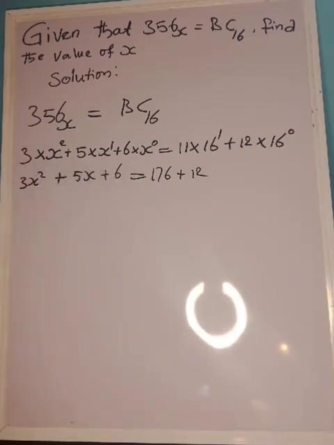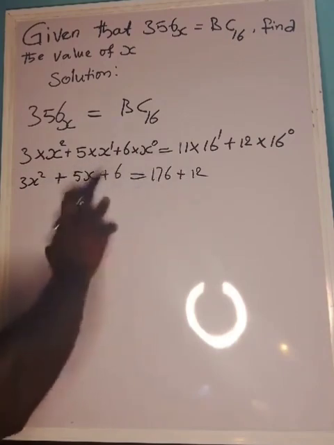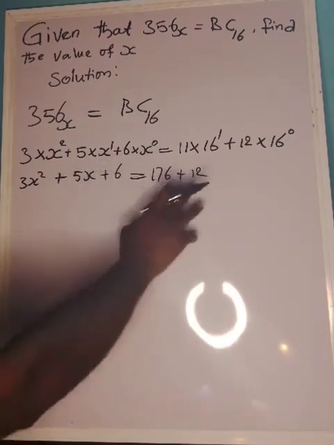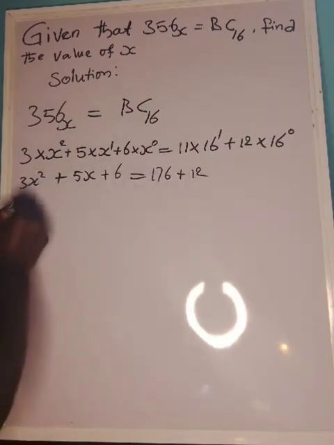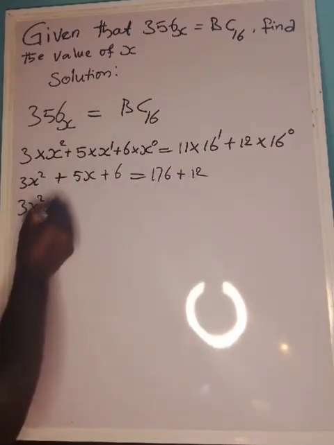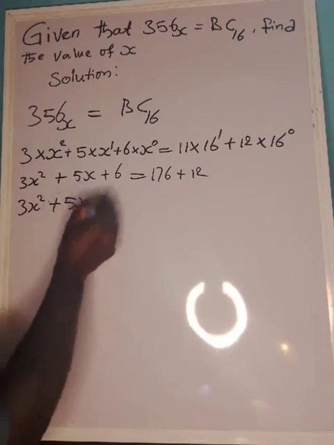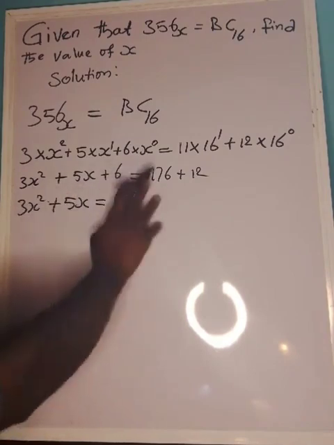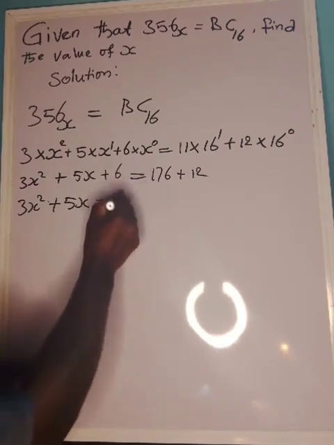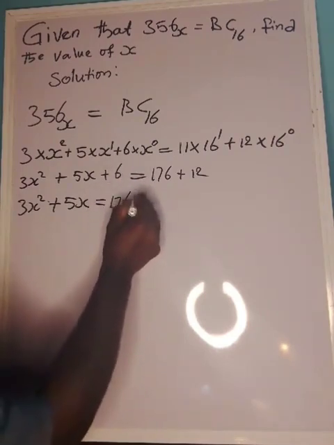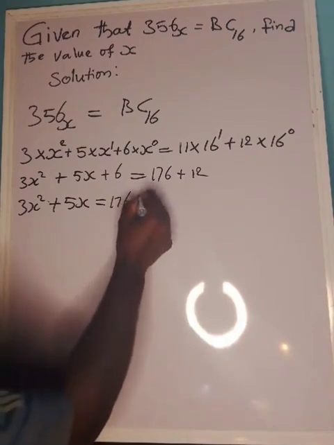So they are going to be on the left-hand side, while the constant terms, the ones without any unknown, will be on the right-hand side. So we have 3x squared plus 5x equal to, after the equality sign, 176 plus 12.